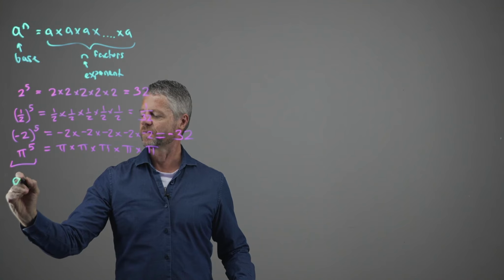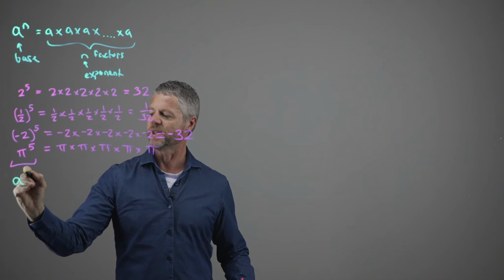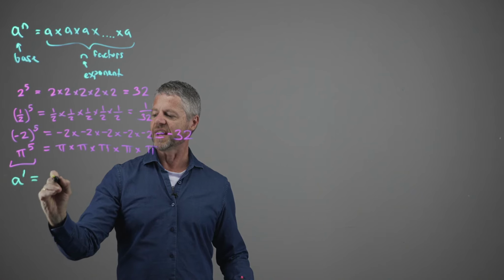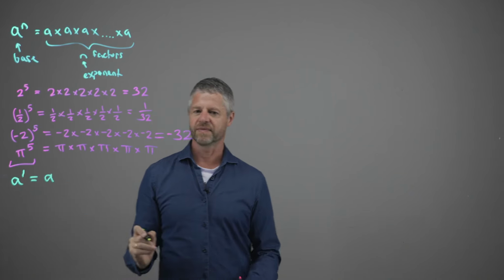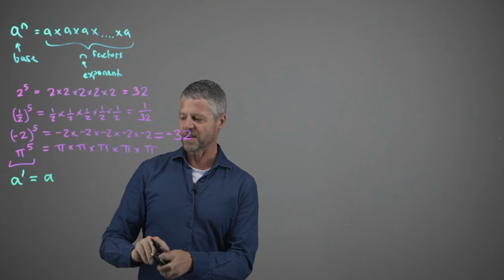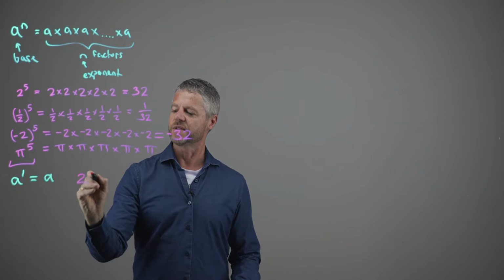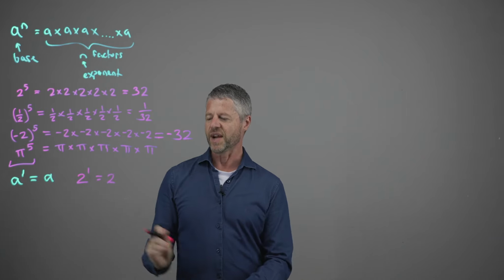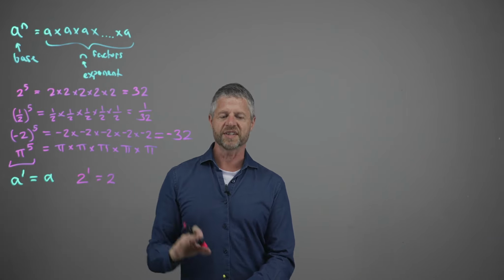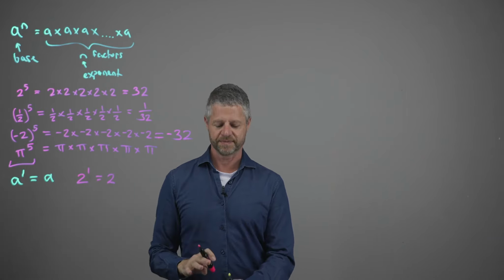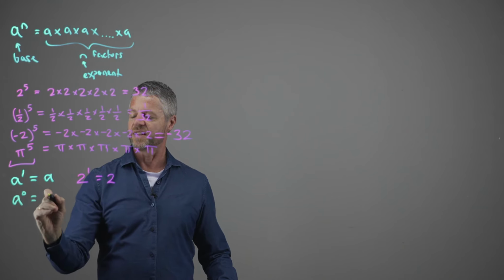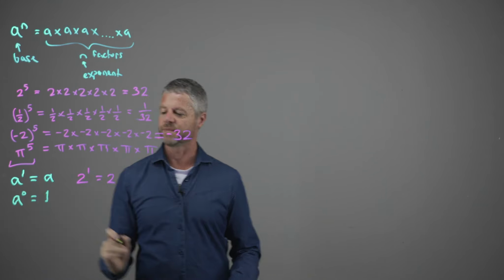So if I have a with an exponent of 1, that's just a by itself. So for example, 2 to the power 1 is just the number 2. So anything raised to the power 1 is just itself. A raised to the power 0 is defined as the number 1.